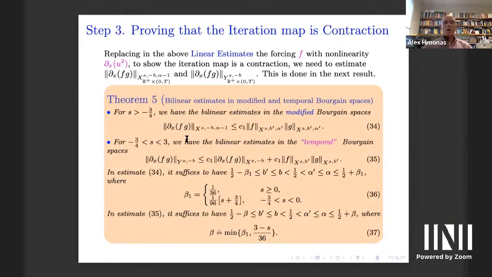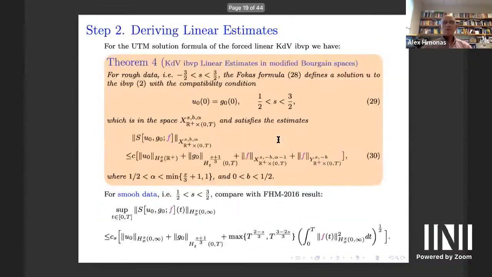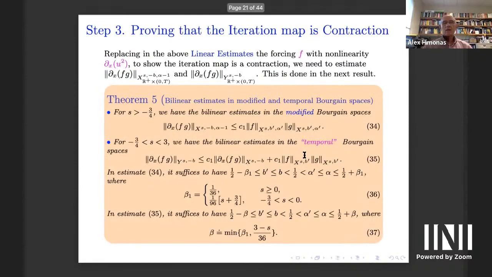Well, now having this linear estimate, we are going to produce the iteration map, and here the nonlinearity will come. Instead of F, we're going to have the nonlinearity, and then we want to show contraction, and then we have to do this bilinear estimate.